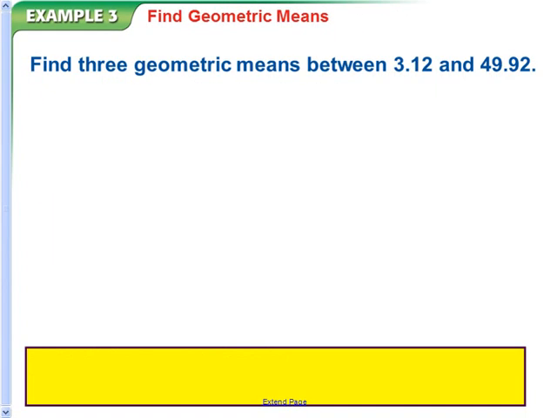Find 3 geometric means between those two numbers. Okay, it's kind of like what we were doing with arithmetic means. We write out the numbers, leave 3 spaces, and then the last number. When we were doing arithmetic, we would subtract them and then divide by how many there are. But geometric is raised to another level.